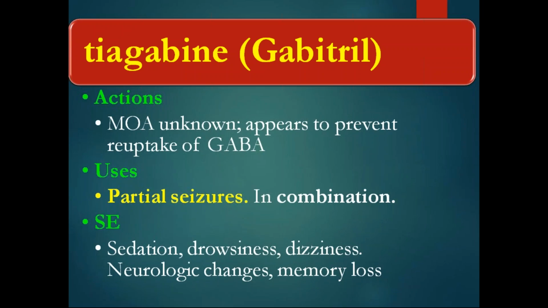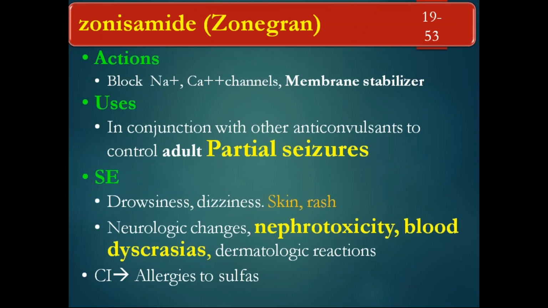Gabitril is for partial seizures. We have Zonegran, partial seizures, skin rash, nephrotoxicity, and blood dyscrasias. So in conclusion, what do you have for all these anti-seizure medications? We have hepatotoxicity and nephrotoxicity.